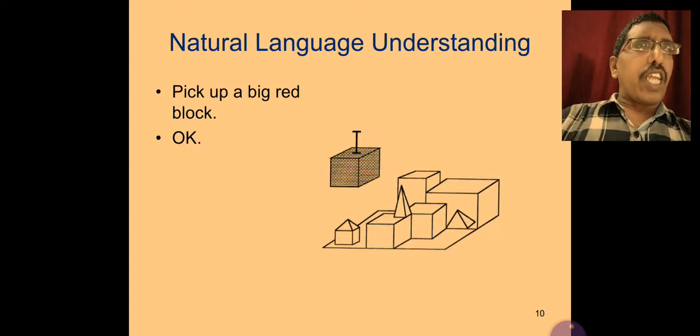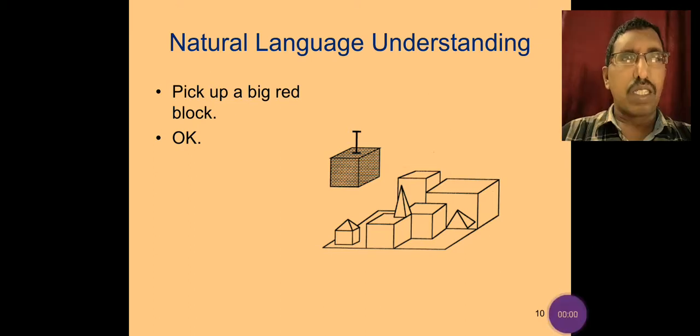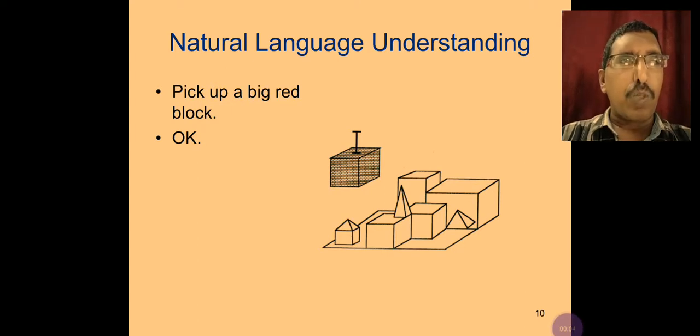And take the task of natural language processing. Natural language processing includes hearing the language, dividing the speech into components, and understanding each component separately. For example, if someone asks the system to pick up a big red block, the system should understand the word big. It should know what red is. It should know what a block is. It should know the ways in which the block can be lifted.